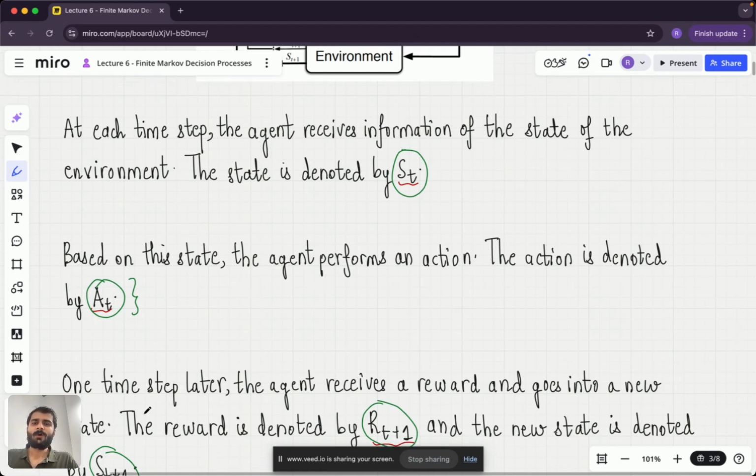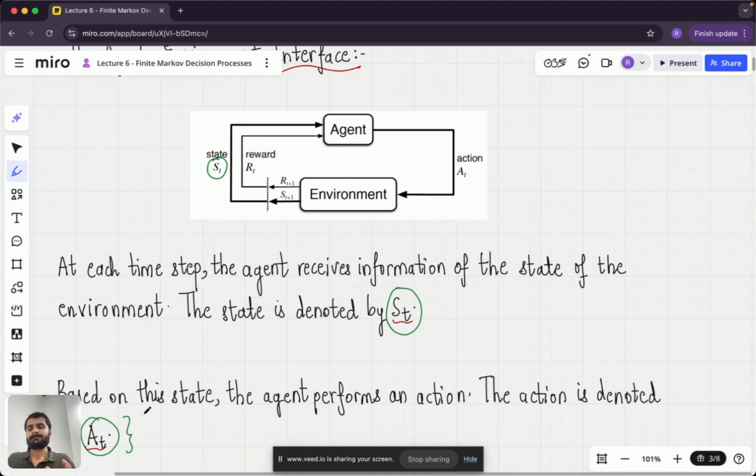Now we are going to follow certain nomenclature when we define the state, the reward, and the actions. The states are always represented as capital S of t. Capital denotes the set, and small s, for example S1, S2, etc., these denote the actual value of the states within this set.